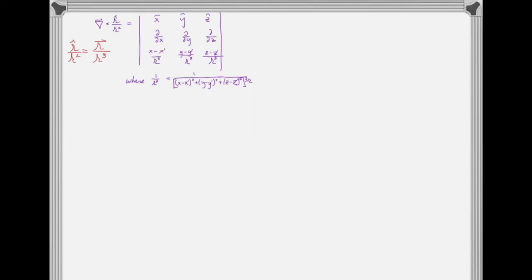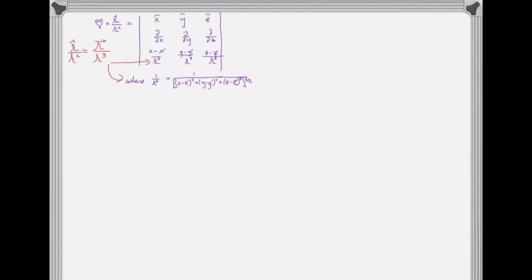And so I'm going to use that. That's why all these R cubeds are here. I'm going to use that to rewrite, and that's where the x minus x prime comes from on the top, and then it turns into an R cubed on the bottom. So that's where each of those comes from.